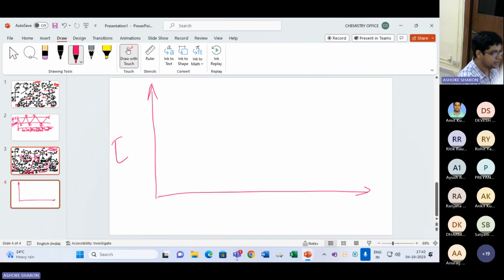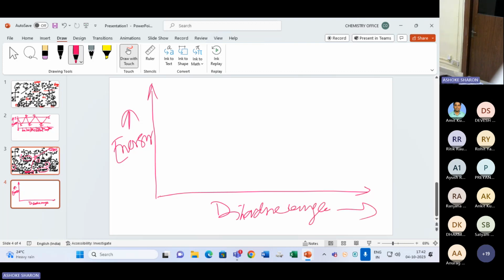Here, this is the energy, and this side is the dihedral angle. First is 0, meaning 0 degrees of rotation, then 60 degrees, then 120, then 180, then 240, then 300, then 360.